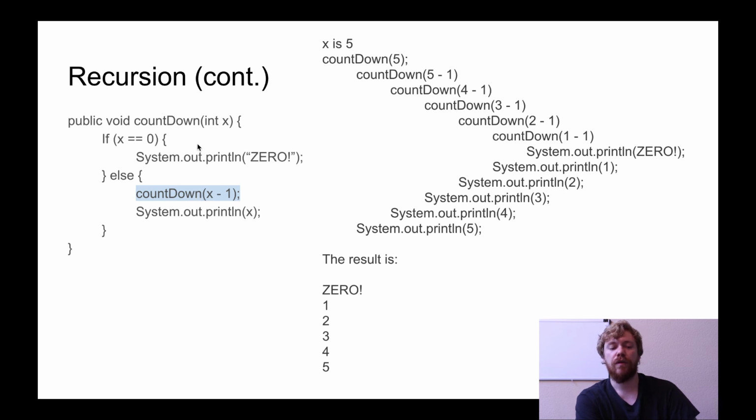And then when that countdown method call finishes, that x equal to 0 gets popped off the stack, and the next value to work with on the stack is when x is equal to 1.